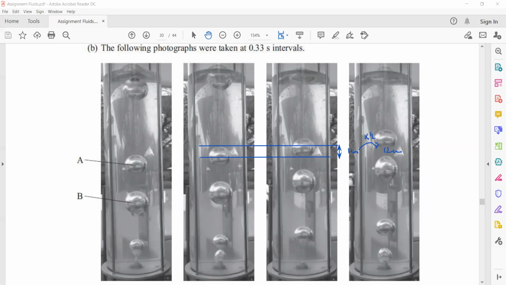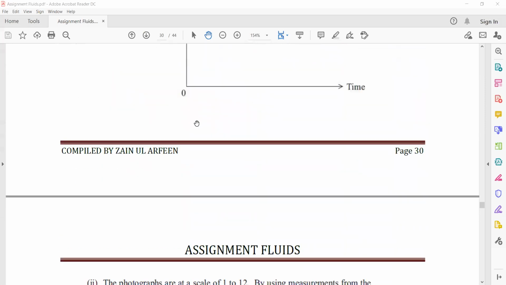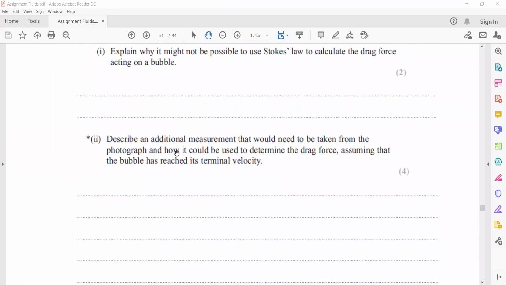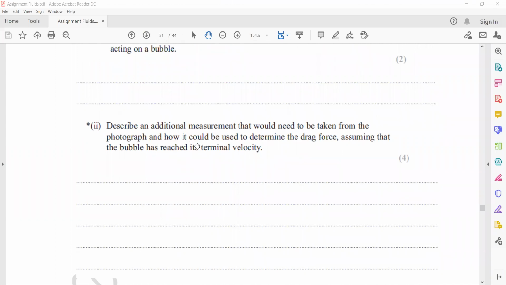The time interval is already given in the question: the time interval between the photographs is 0.33. So the distance divided by time, you will get the speed. Describe an additional measurement that you would need to take from the photograph and how it could be calculated to determine the drag force.